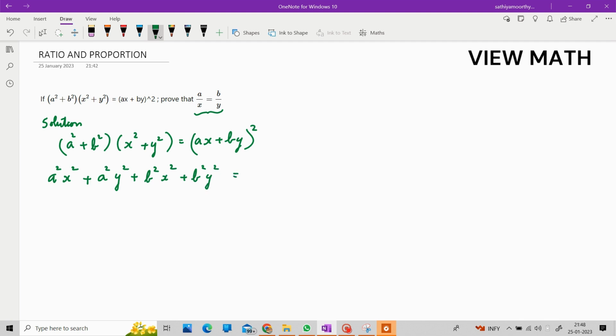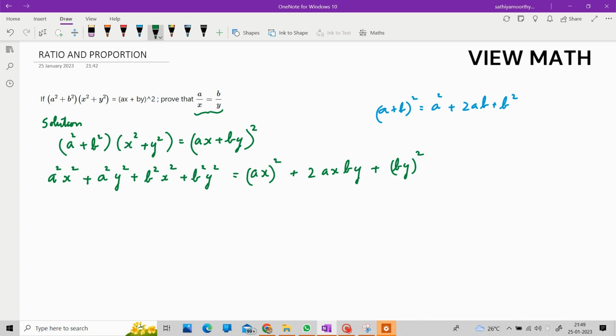This is equal to, now I'm going to use a plus b the whole square formula, that is, a plus b the whole square is equal to a square plus 2ab plus b square. So I'm going to use this formula here. A square, that is, now in the place of a we have ax, so ax square plus 2 into ax by plus by the whole square.